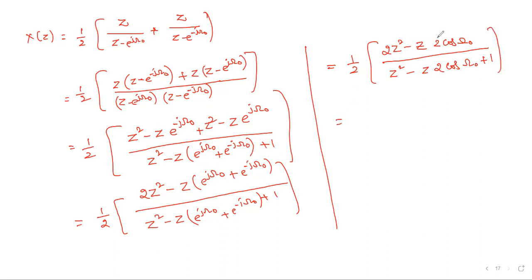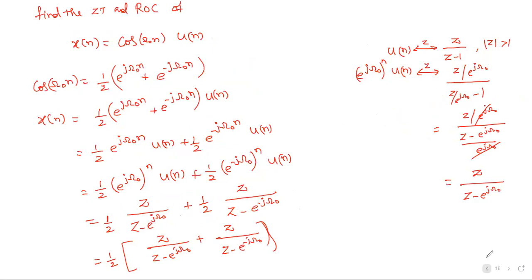If you take 2 common and cancel it, you will get (z² − z cos ω₀) divided by (z² − 2z cos ω₀ + 1). What is the ROC? |z| > 1. So this is a very, very important problem.